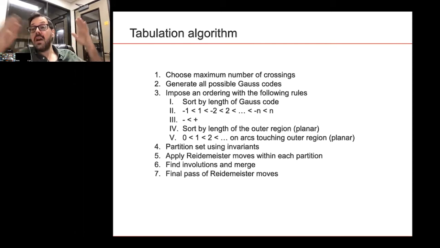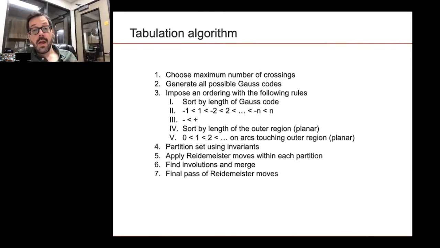Then, once I have generated this huge list, I will impose an ordering and sort this big list by the length of the Gauss code. So Gauss codes that are shorter will be higher in our ordering, and the longer Gauss codes with 6 crossings will be at the bottom.